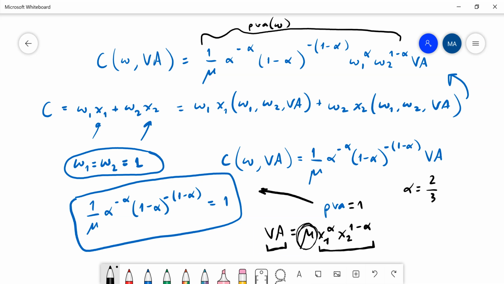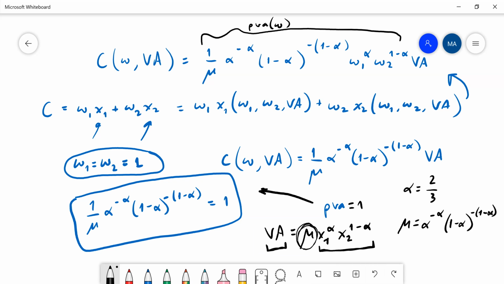Then mu is basically equal to alpha to the minus alpha, 1 minus alpha to the minus 1 minus alpha. So I calibrate both parameters, alpha and mu, for the production function.